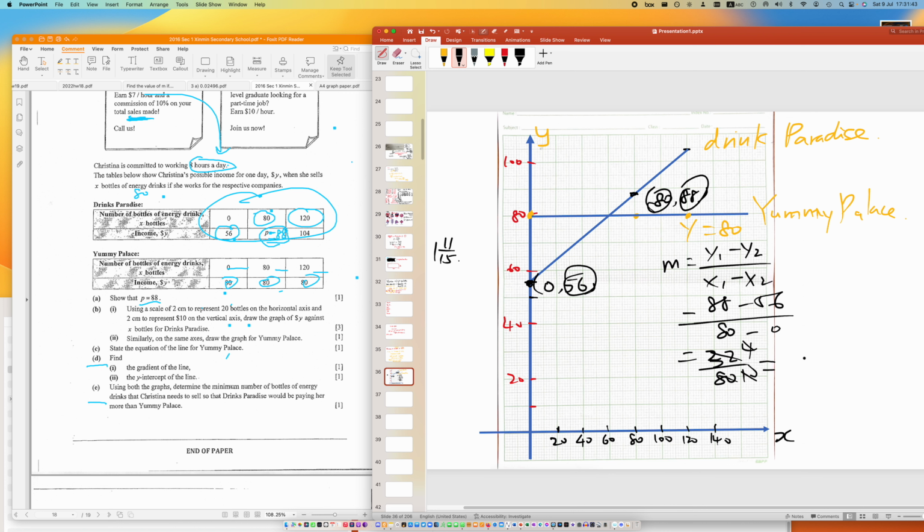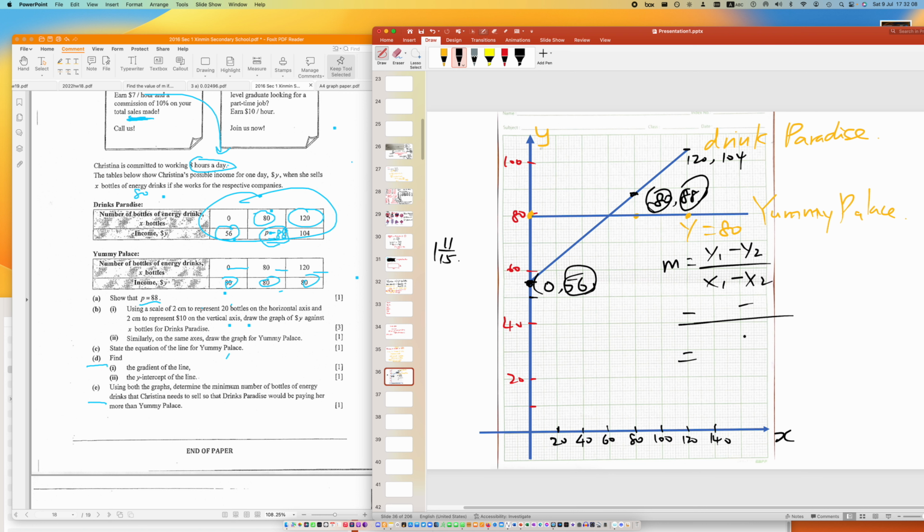No, it should be nine. Let me check mine. What coordinates did you use? I used 120 and 104, and 0 and 56.